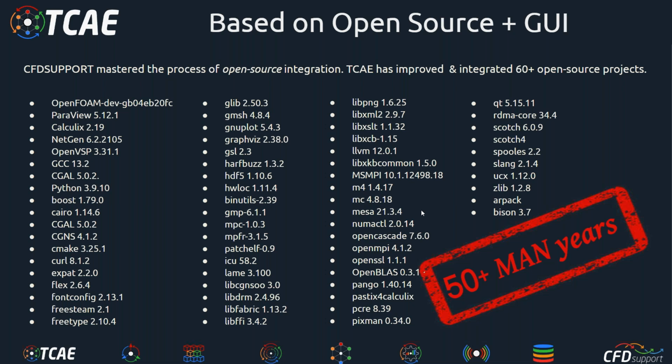So imagine how much work has been spent on the open sources which are used, and on top of it we've spent 50 man-years, aggregated of course, of team development to make it happen. So a lot of knowledge, experience and skills is included in it.